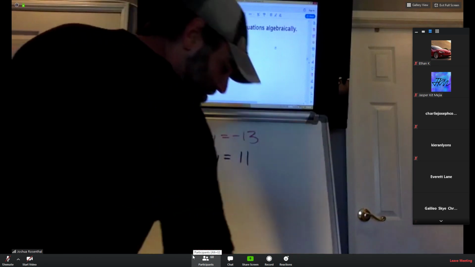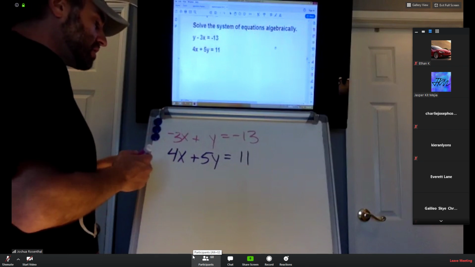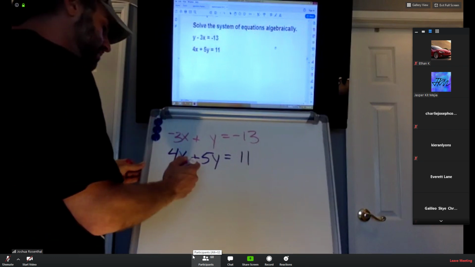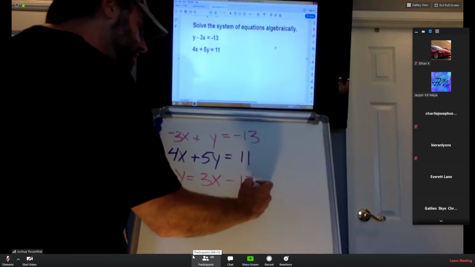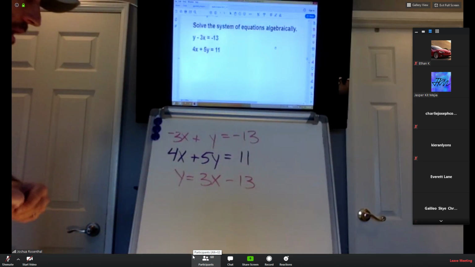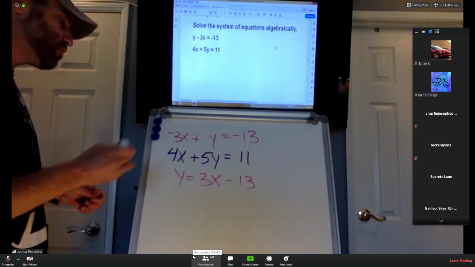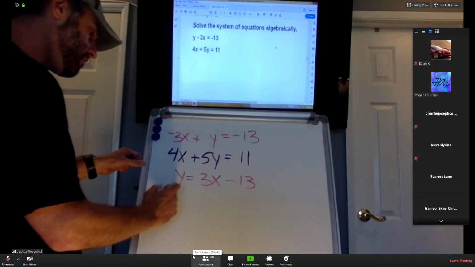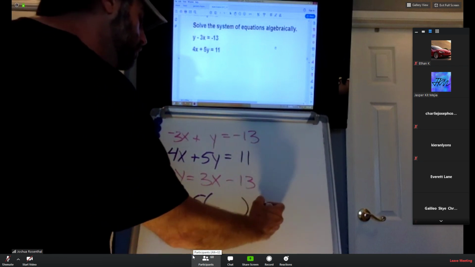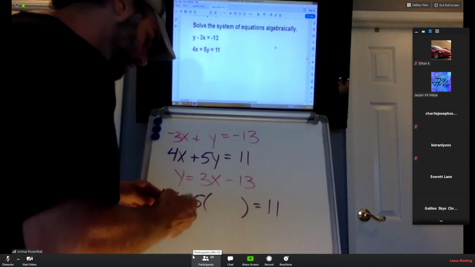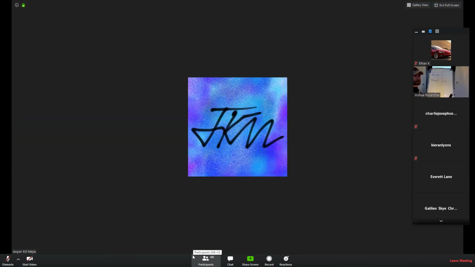How would I do this with substitution? Well, you might like this way. With the pink equation, I'll add 3x to both sides. Now I have +3x minus 13. Now it's solved for a variable. Now I'll rewrite the purple equation, and I will remove the y, and in its place put 3x minus 13.